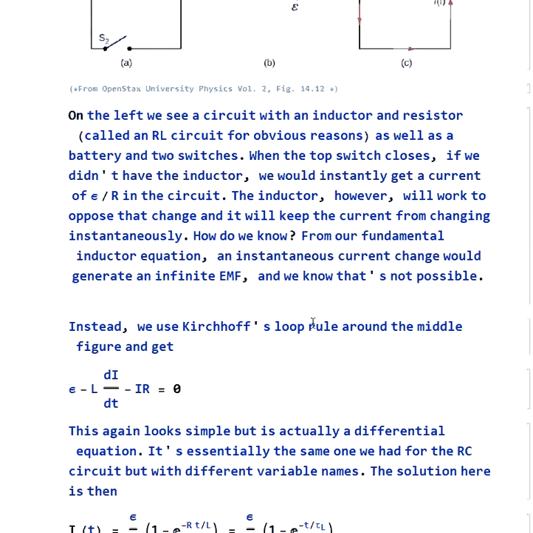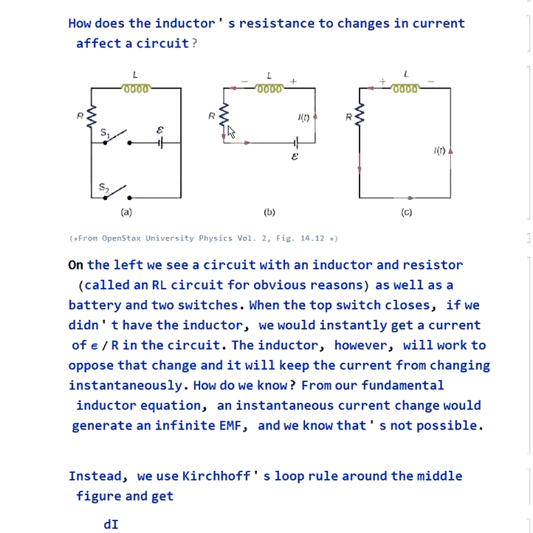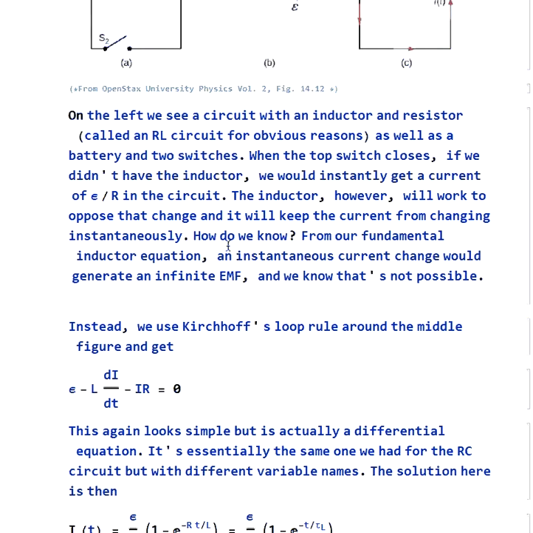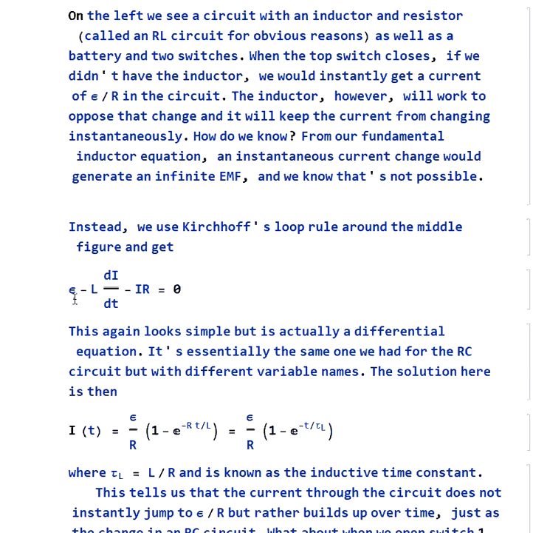Now, we could use Kirchhoff's loop rule to go around this middle circuit, and we'll get EMF of the battery minus L dI/dt minus IR equals 0. And as you probably expect by now, this is really a differential equation. To a math person, it's the same one as for the RC circuit. We just have different variable names.